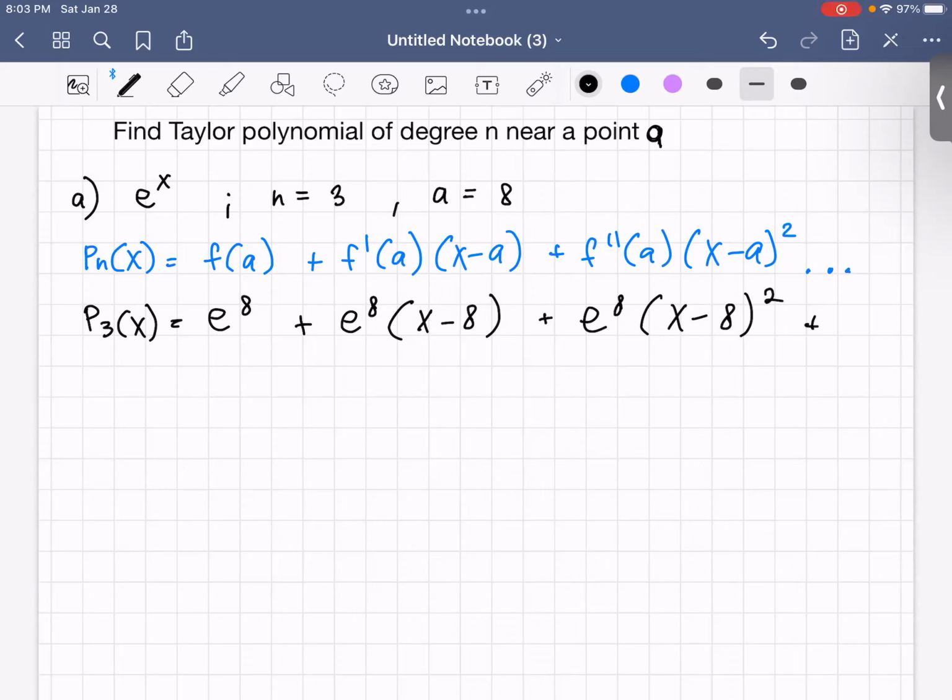plus second derivative of e of 8 is also e of 8, and then x minus 8 squared, and plus, because it's a third degree polynomial, right? So this is 0 degree, this is first degree, this is second degree, and the third degree is just like that.